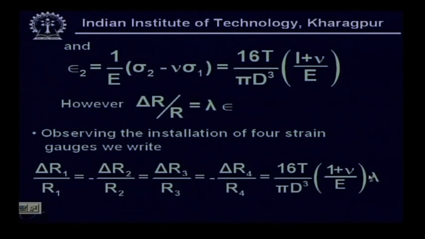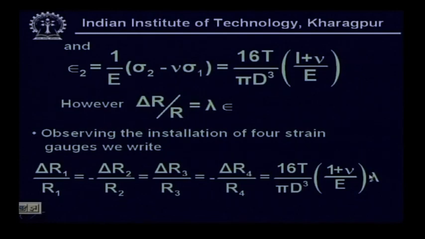So, observing the installation of the 4 strain gauges, we have seen that the strain gauges 1 and 3 will be under elongation. So, it will sense the positive strain, and strain gauges 2 and 4 under compression. So, it will sense the negative strain. So, what will happen, you will find that delta R 2 by R 2 will be negative with respect to delta R 1 by R 1.